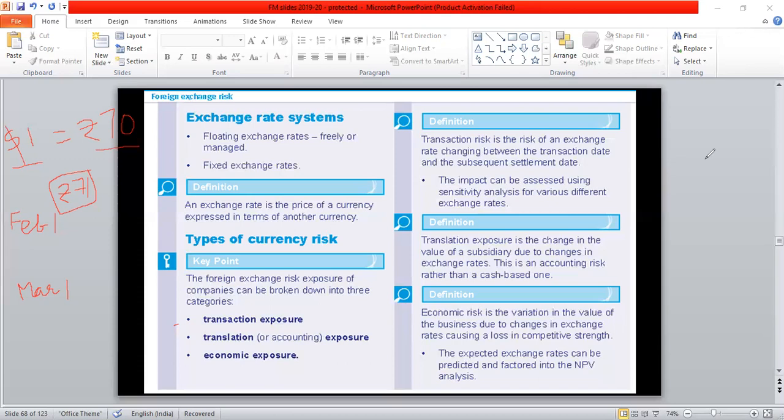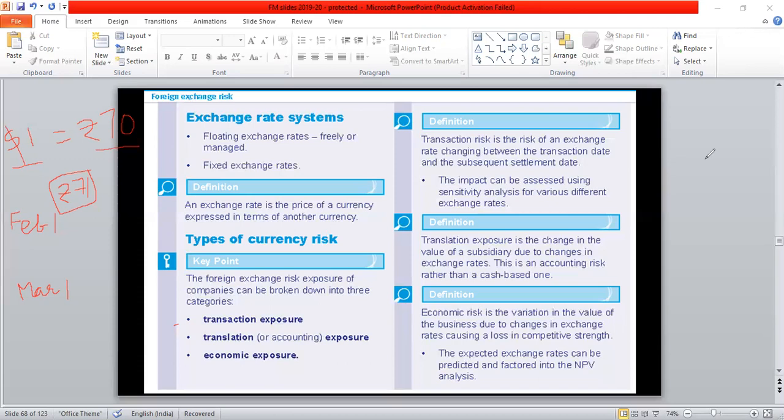For example, if the payment date is March 1, will the payment be at the rate prevailing on March 1, or is it pre-decided? So these things have to be looked into.